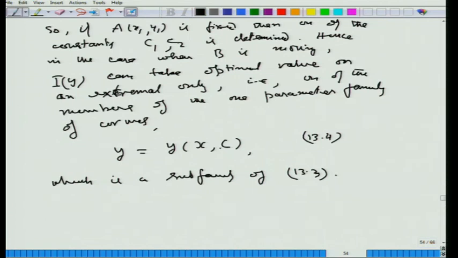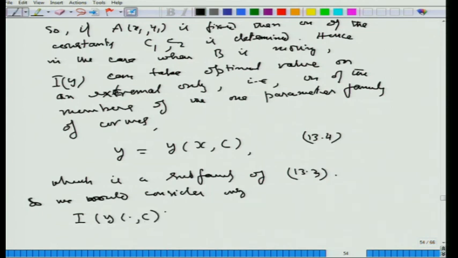Because one of the constants there from C1, C2 is determined, that we will denote as C, and so we get this subfamily from this. So, we would consider only I[y], which is a function of the parameter c also, like this.